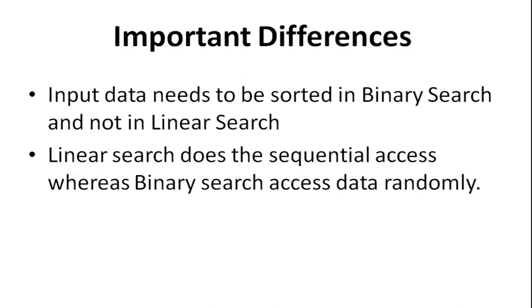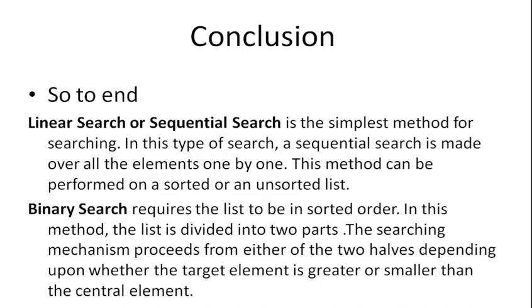So, as the conclusion of the first part of the chapter and this video, that is searching techniques, what did we learn? So to end, linear search or sequential search is the simplest method for searching. In this type of search, a sequential search is made over all the elements one by one.